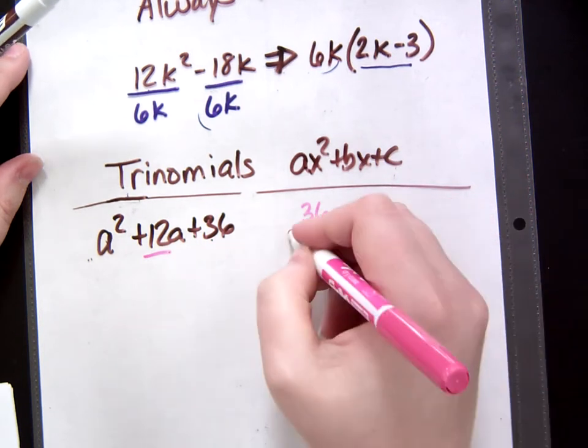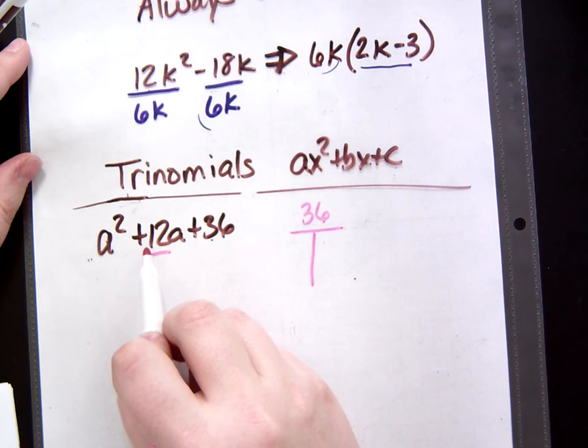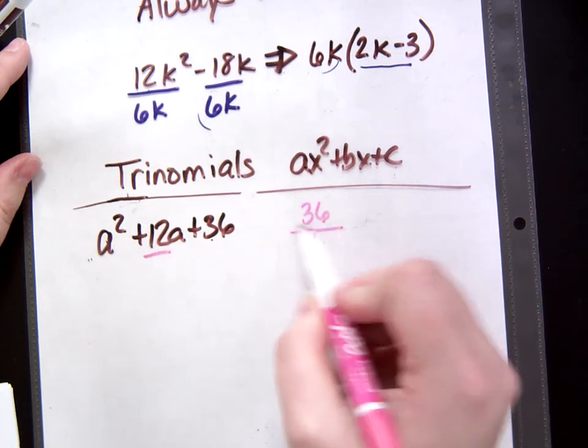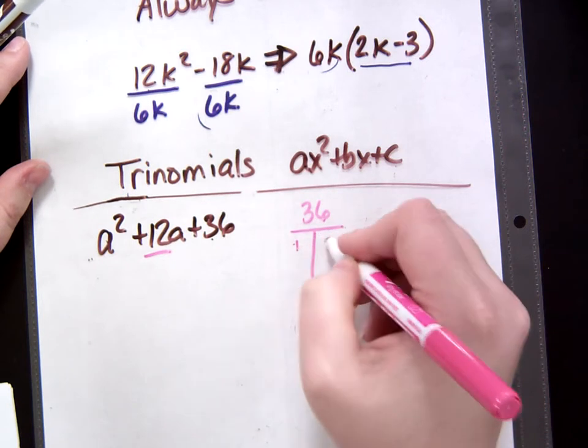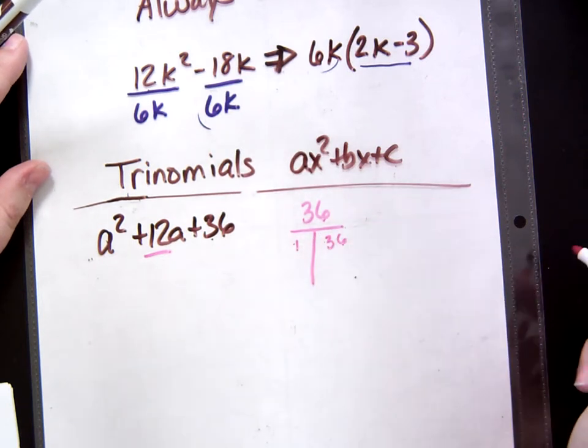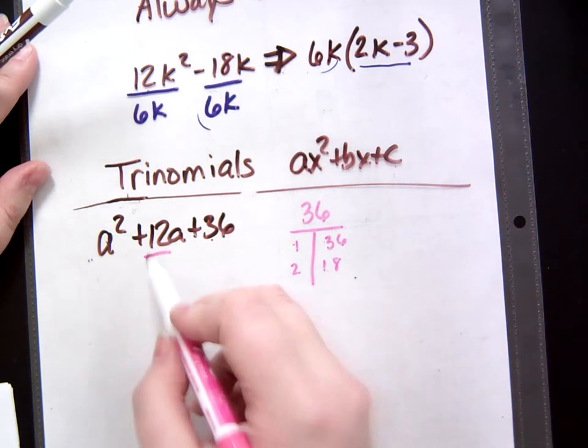So what I do is I go through and I list factors of 36. Now we're adding to be a positive number and multiplying to be a positive number, so my factors are both going to be positive. So I could multiply 1 and 36, but that does not add to 12. 2 and 18, but again, it doesn't add up to 12.